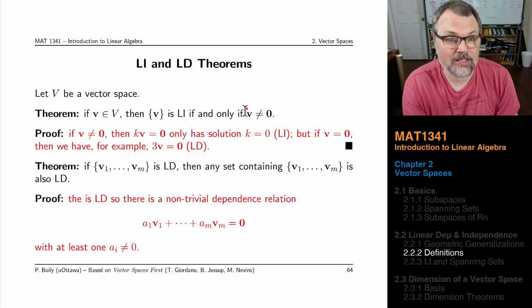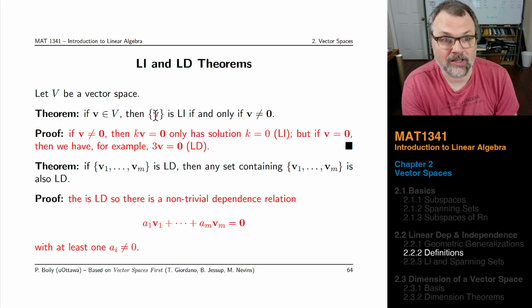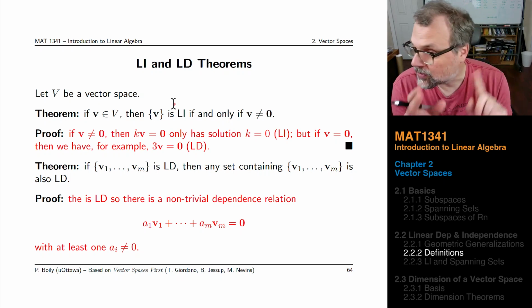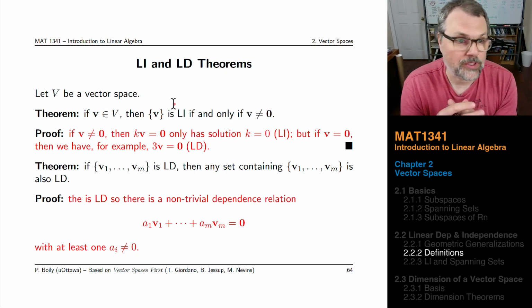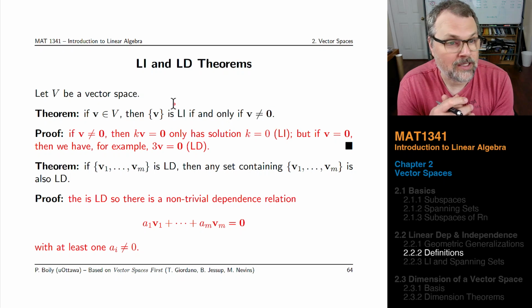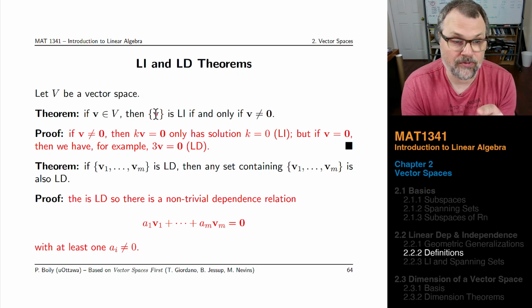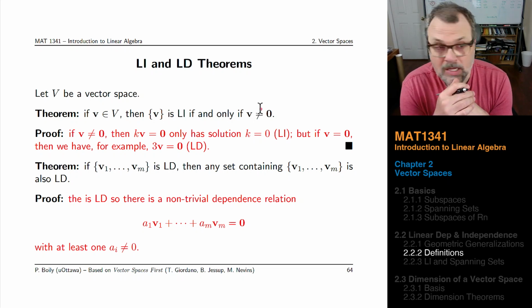So if v is not equal to 0, then the set that only contains v is linearly independent. Now we need to show the second implication, which is to say that if you start with a set that contains one vector only and is linearly independent, then we've got to show that v is not equal to 0.